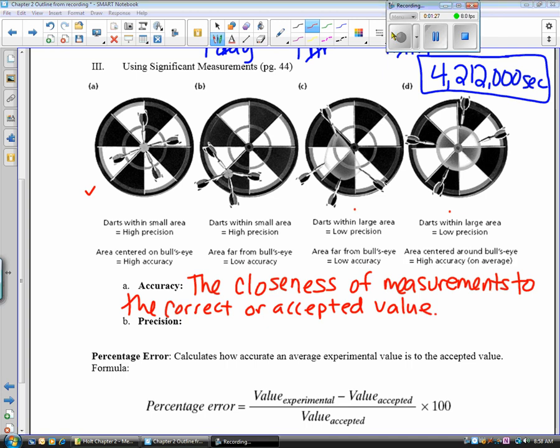So that's basically how correct are you? How correct you are. Okay, that's what accuracy is.